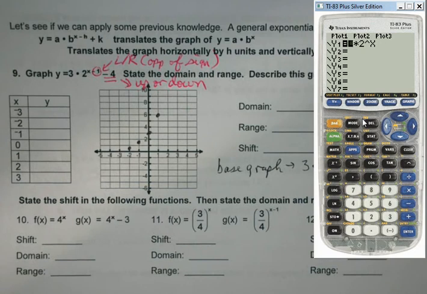So when I come back, I'm just going to tweak this one a little bit. My exponent here is x minus 1. And I have to close the parenthesis to let it know that's all there is for my exponent. And then I'll do the minus 4. So this is what the actual graph in number 9 is going to end up looking like.